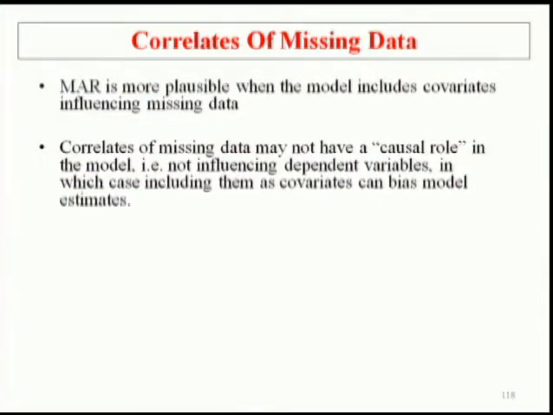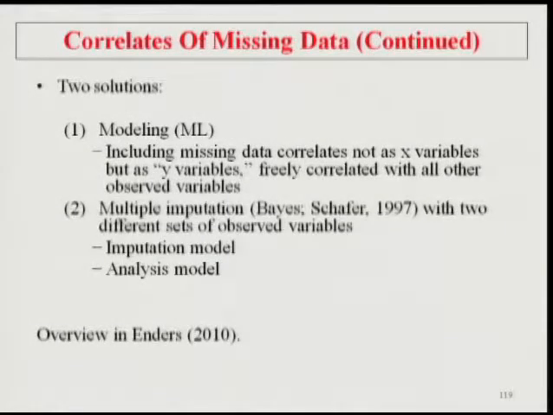So there are two solutions to that on the right screen. One is in the maximum likelihood framework, and the second is in the Bayes framework. And Mplus covers both of these now. So in the maximum likelihood framework you have a possibility to include missing data correlates in the model, not as x variables, but as y variables freely correlated with all other observed variables.